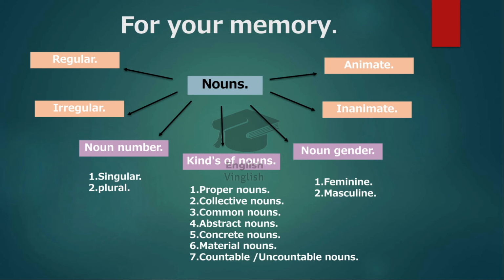For example, book, books. We can just add s at the end to make the plural form. And if we take the noun potato, the word ending is o, so we can add es to make its plural form. So such nouns we call regular nouns.